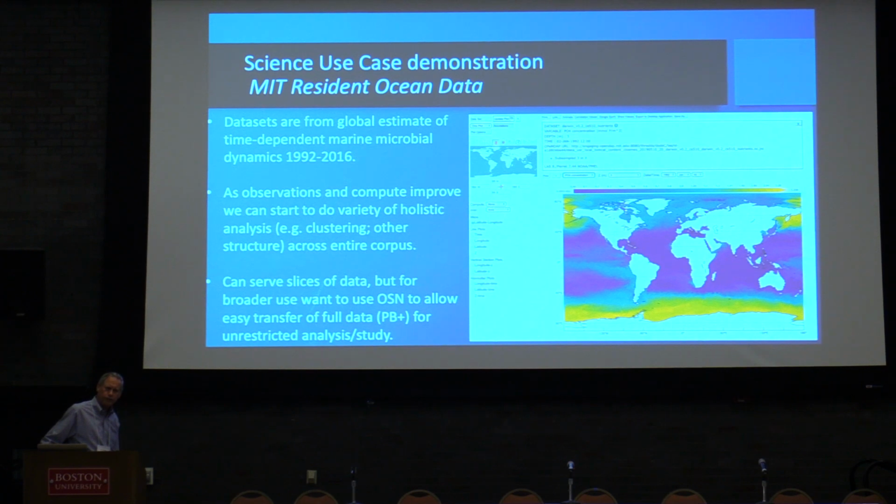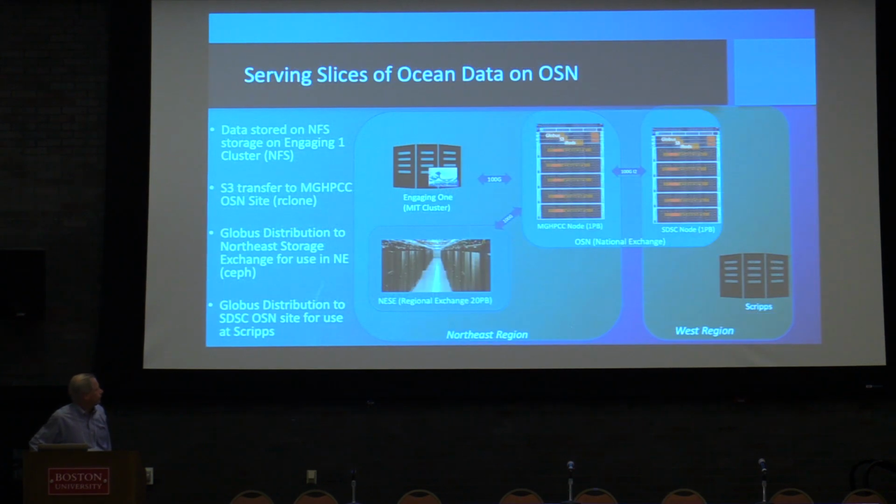The results from these simulations are massive from a data point of view, so sharing them is quite challenging. This shows Chris's computer, Engaging One, where he does these simulations, and movement of data between the Northeast Storage Exchange, the MGHPCC node on the OSN, and also exchanging data with the Scripps Institute out near SDSC, where there's another node.